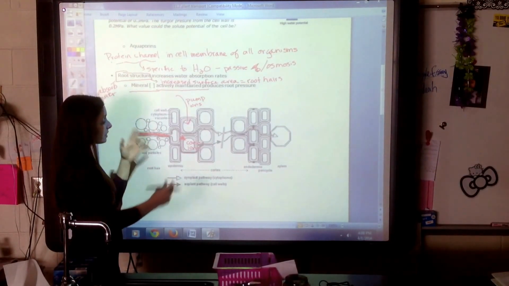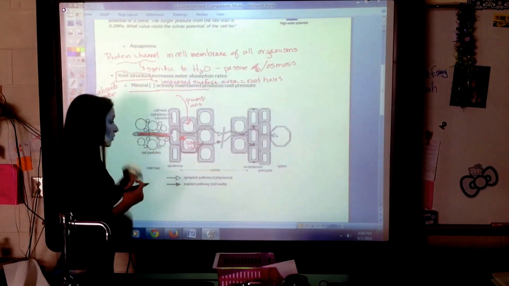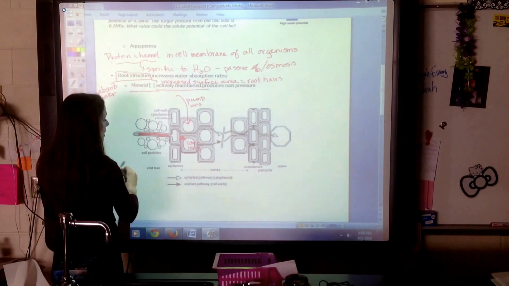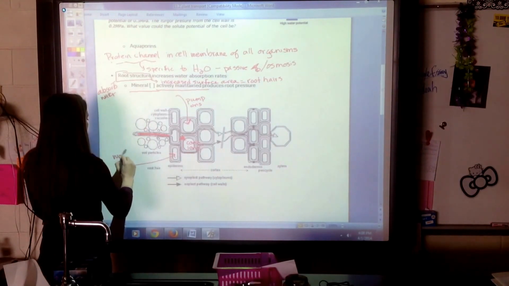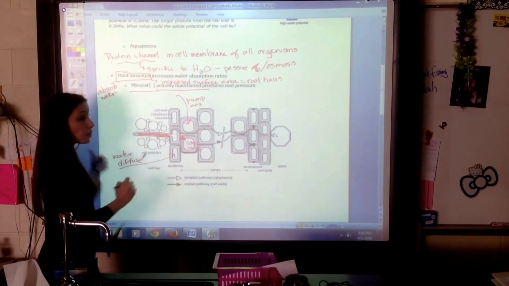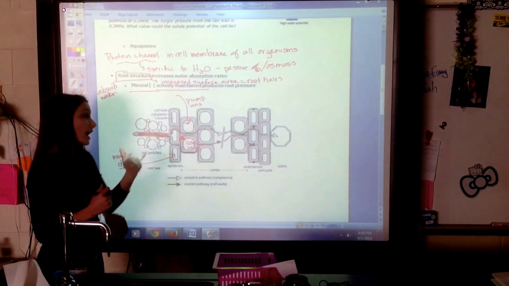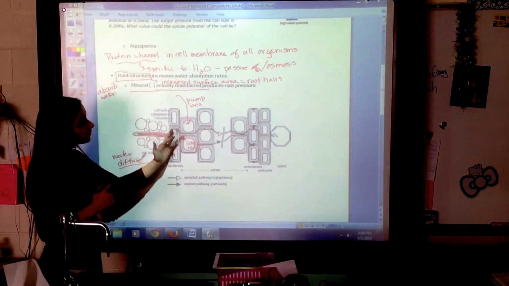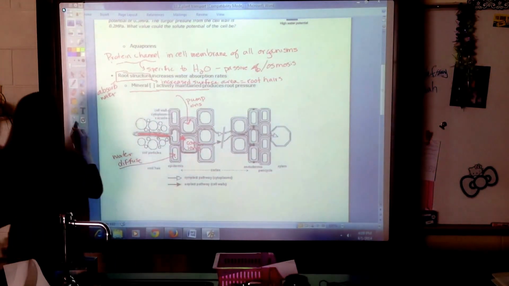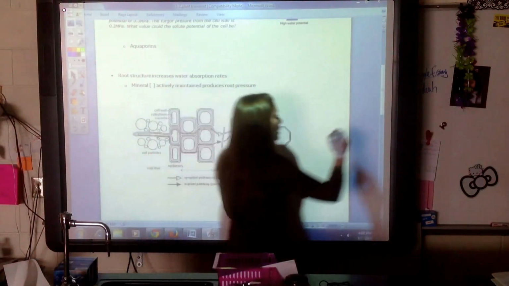And because we have a high concentration of ions, that means that water is going to move passively. So when we have a high concentration of ions, water will diffuse into that area. So by the plant cell pumping ions, not pumping water, pumping ions, that is going to cause water to diffuse passively into the roots.